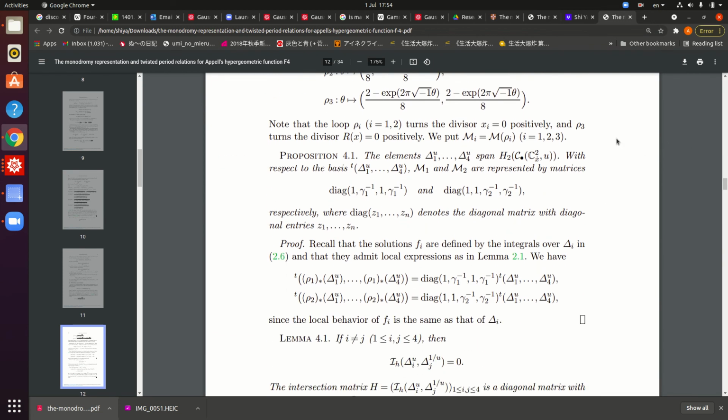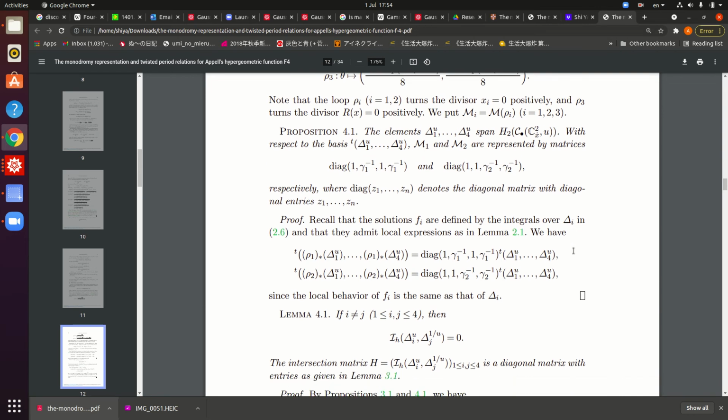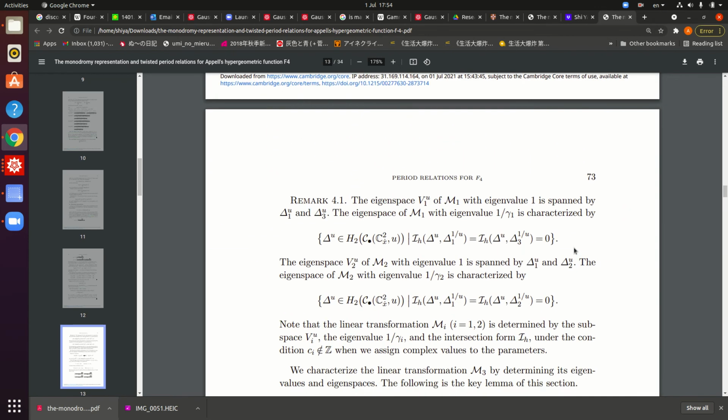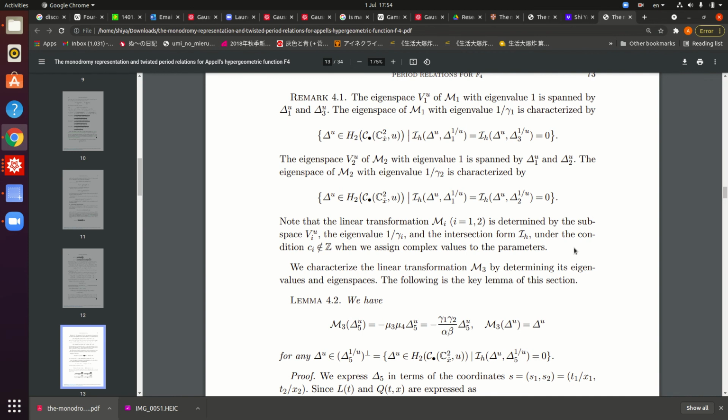I don't know at the moment what capital X is, spanned by the following 4.